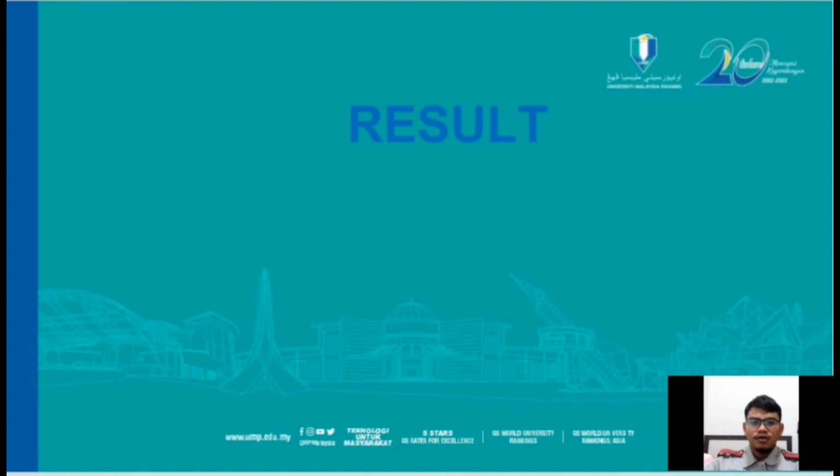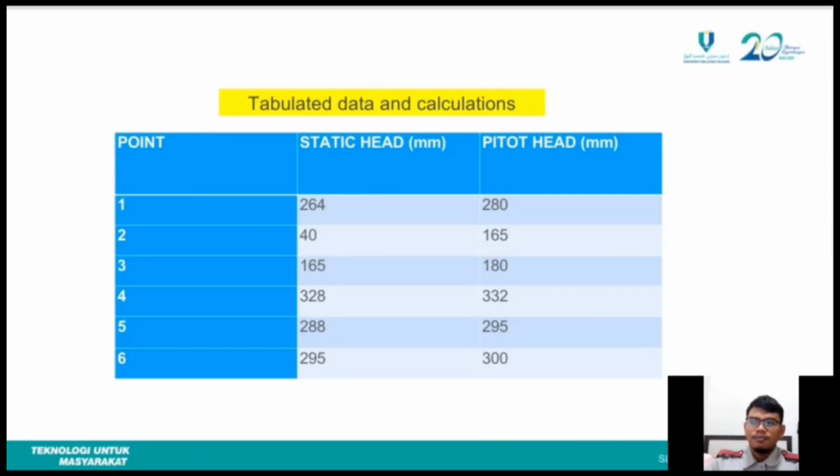Today I'm here to present to you all the result for experiment 1, that is Bernoulli's principle. First we go to the raw data that we have from the experiment, and we have the data for the static head and the pipette head.